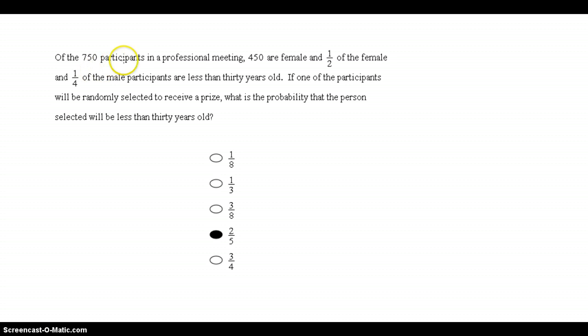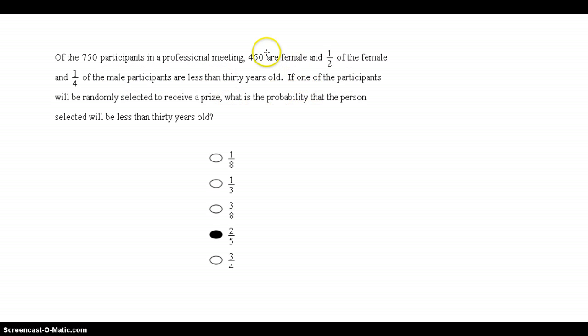This one, 750 participants in a professional meeting, 450 are female, meaning that 300 are male. Half of the female and 1/4 of the male are less than 30 years old. Okay, so that means that half of the female, 225, are less than 30, and 1/4 of the male, 75, are less than 30.